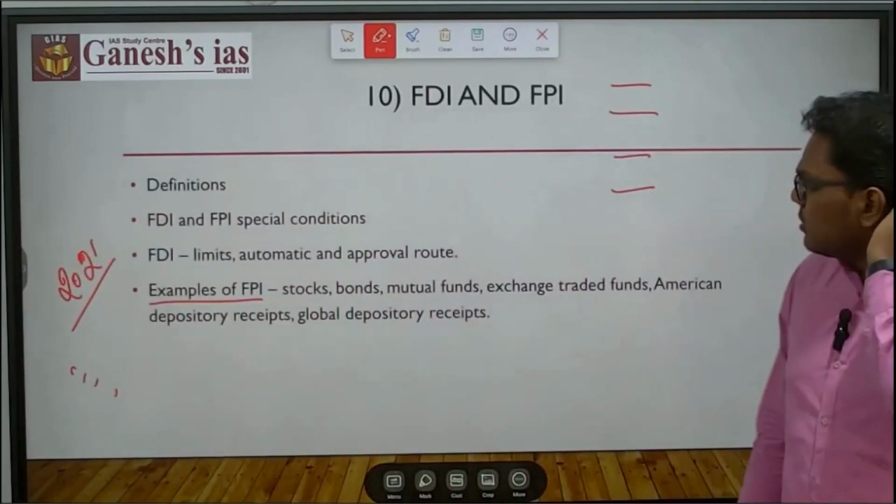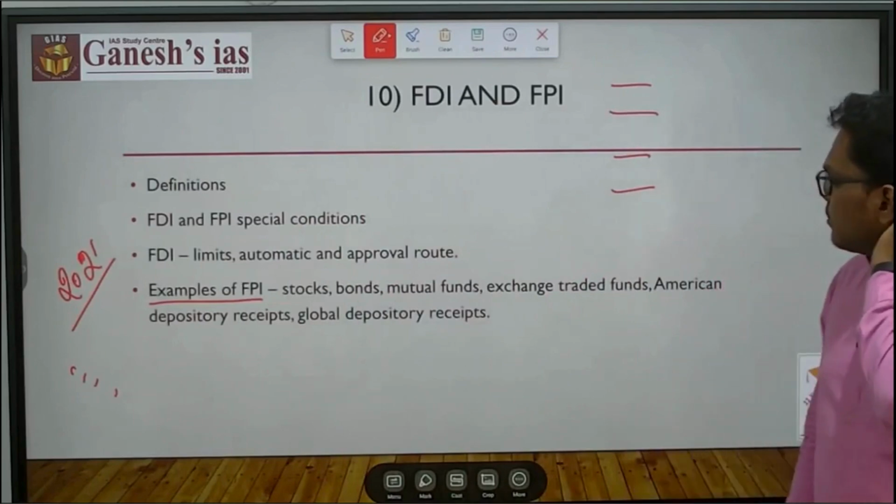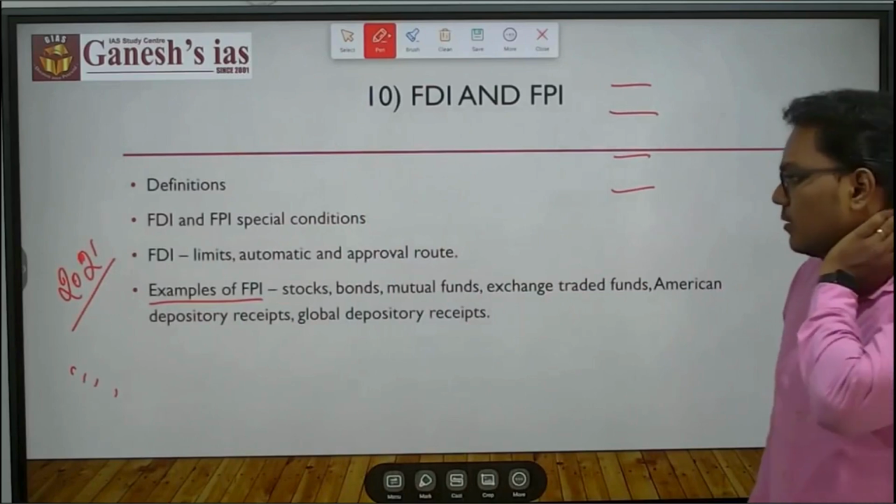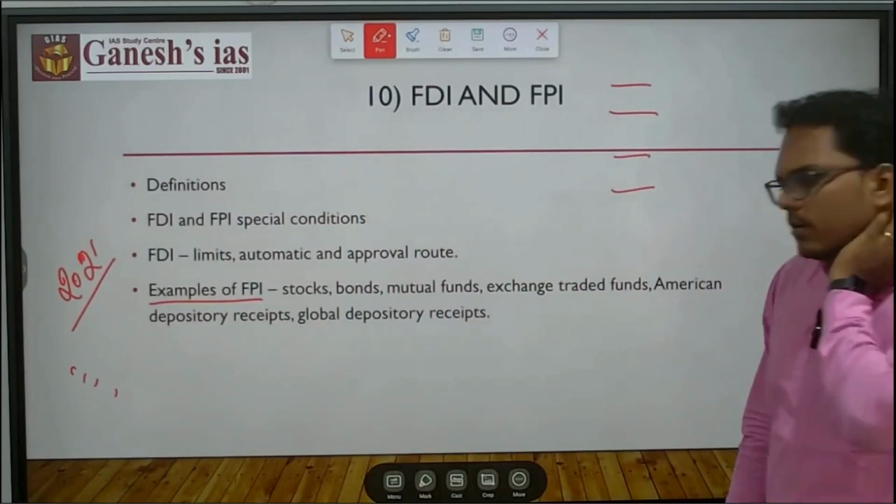And then you need to know about the relationship between the economy as a whole and the FPI movement.